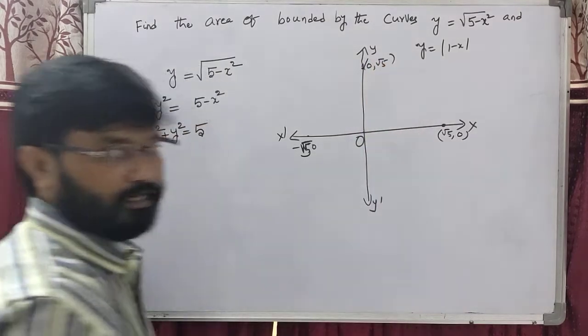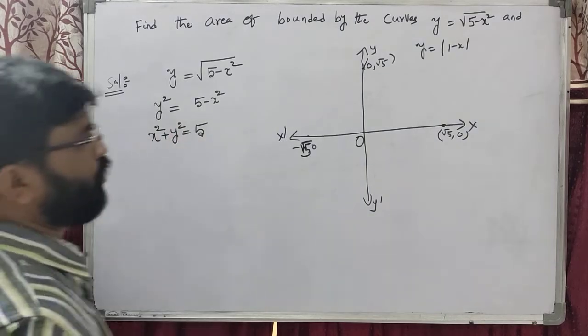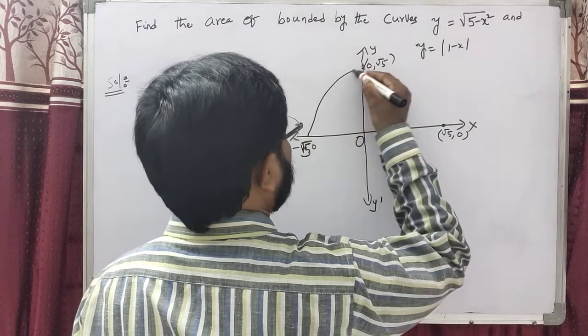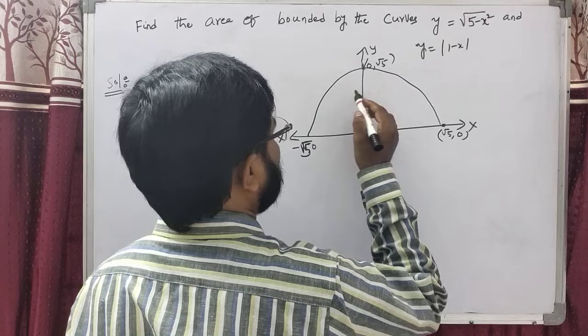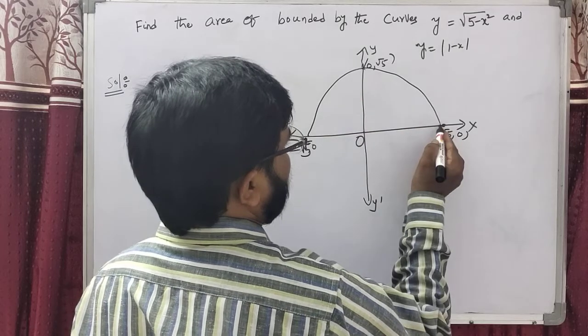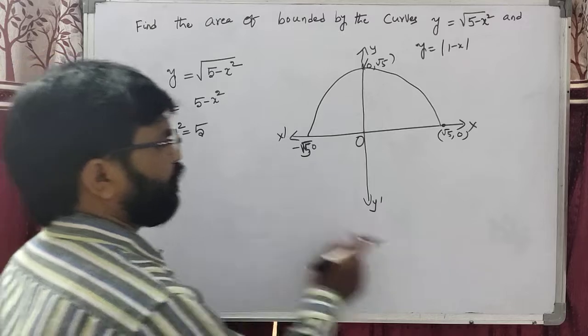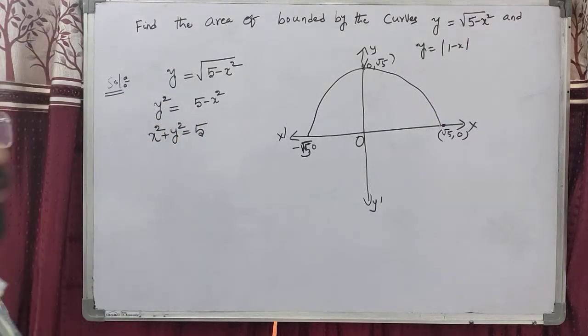Okay students, now we are taking y is 0, x is root 5. We are taking this graph only. Dear students, this is only the semicircle. If you take the complete circle, no problem, but given that y equals mod of 1 minus x.